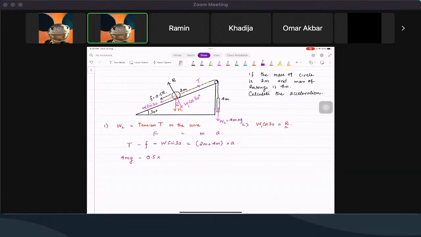What is W1? That is 2mg cos 30. You guys agree? Minus W1 sin 30, which is 2mg sin 30, equals 6m times a, right?